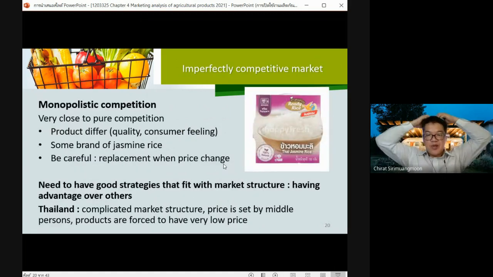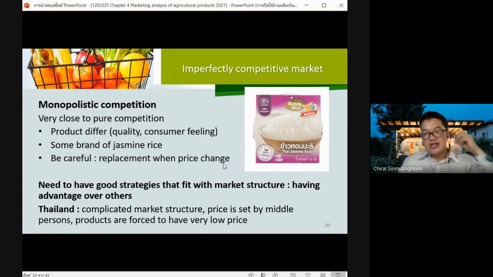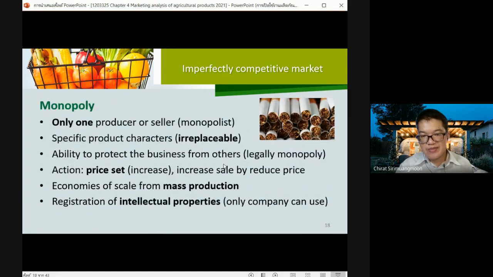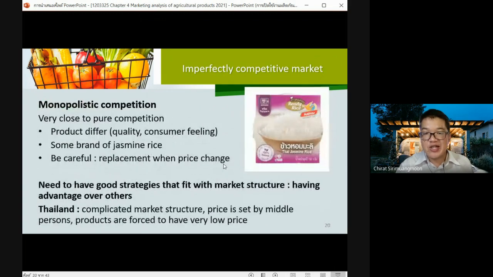Next one, monopolistic competition. It seems like the name is very close to monopoly, but monopolistic competition is something different. It is very close to perfect competition, almost the same.